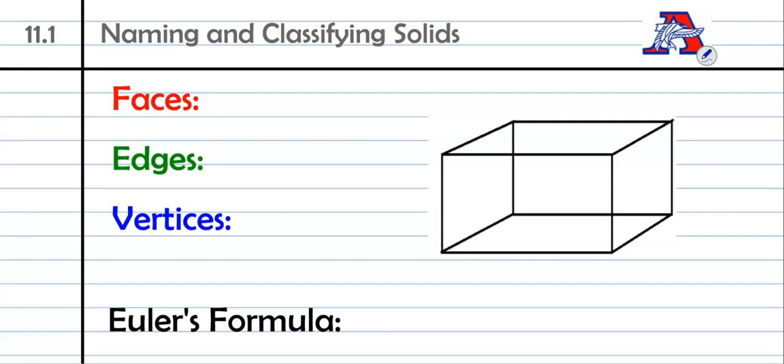Okay, so we're going to start with this first example, where you are going to draw the figure on the right side. We are going to name it first and then write down the faces, edges, vertices, and then something called Euler's formula. First of all, for the name, we want to find the base.